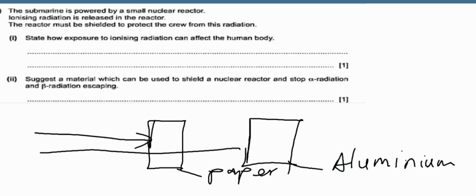Right, so if the beta particle can be stopped by a sheet of aluminium, which means the good material to use to prevent the escaping of alpha radiation and beta radiation can be aluminium or lead, because lead can stop the alpha radiation, beta radiation, including the gamma radiation. So we can say lead or aluminium. So those are the answers.